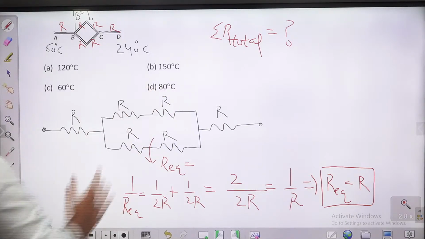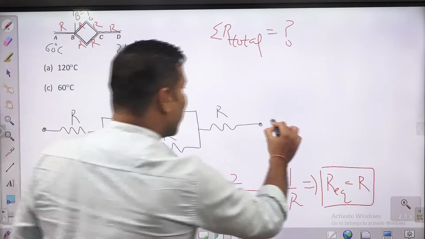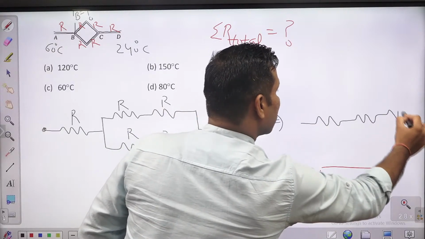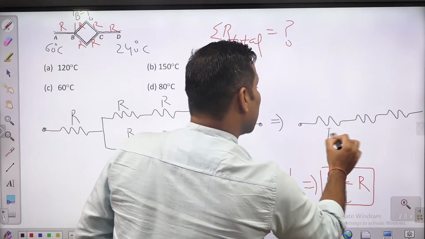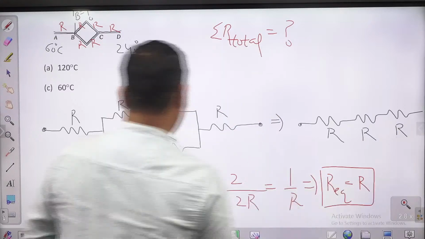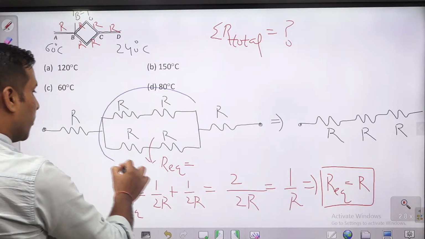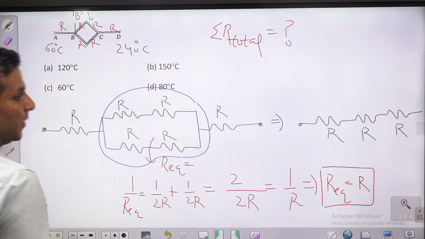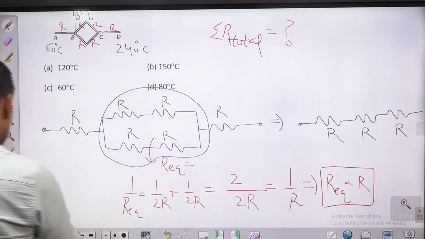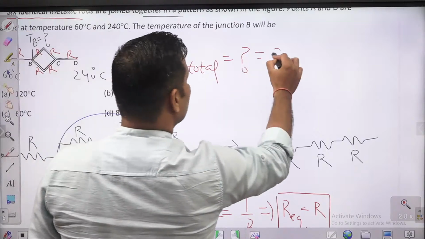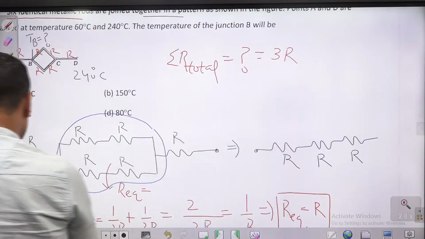So you can reduce this entire network like this: one resistance, second resistance, third resistance. So now this is R, this is R, this is also R. So the equivalent of this we have obtained. इसका हमने इक्विवेलेंट निकाल लिया R. So total resistance कितनी हो जाएगी नेटवर्क में? How much is the total resistance in the network? The total resistance is 3R. Okay. Now what is heat transfer, guys?